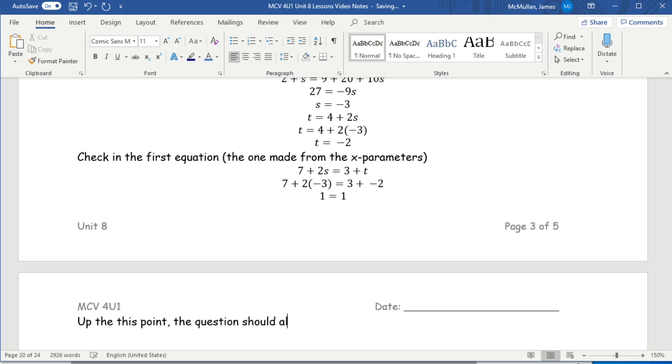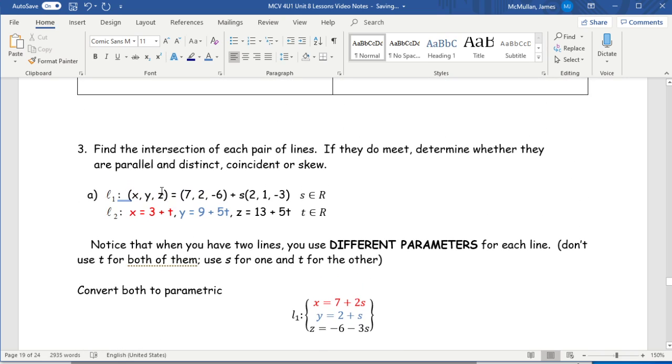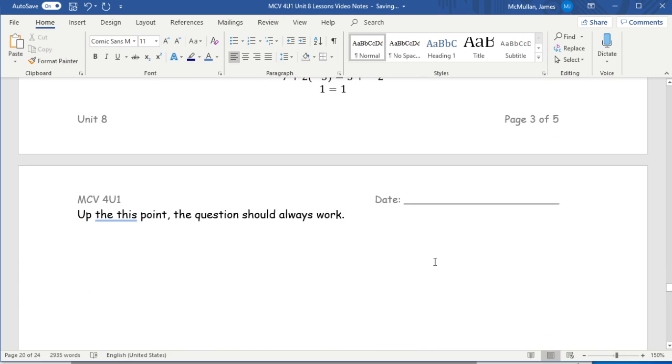Now, up to this point, the question should always work. Unless they're parallel, which I actually should have checked before I started this, but I think it's pretty clear they're not parallel, since this direction vector is 1, 5, 5, and this is 2, 1, 3. They're just not scalar multiples of each other. So up to this point, the question should always work as long as the direction vectors are not parallel, which really should have been my first step.